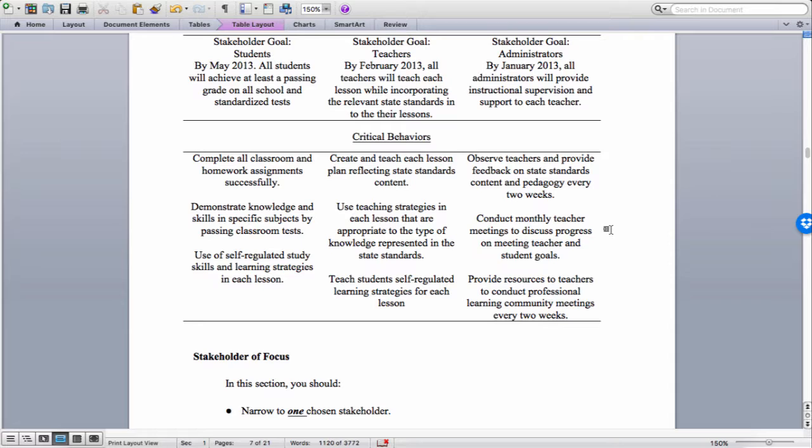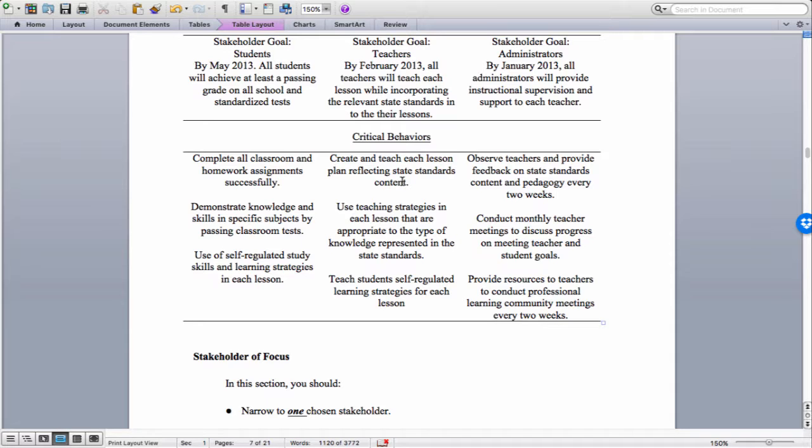And for the knowledge table, you took one critical behavior for one stakeholder, and you brought that critical behavior down into the knowledge table. And then you asked yourself, do they know how to perform this critical behavior? What knowledge or conceptual knowledge do they need? And what metacognitive knowledge do they need to perform that one critical behavior for that one stakeholder?